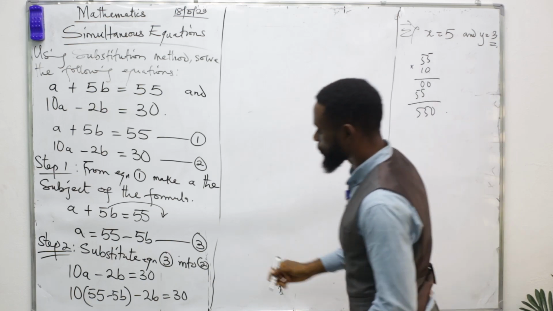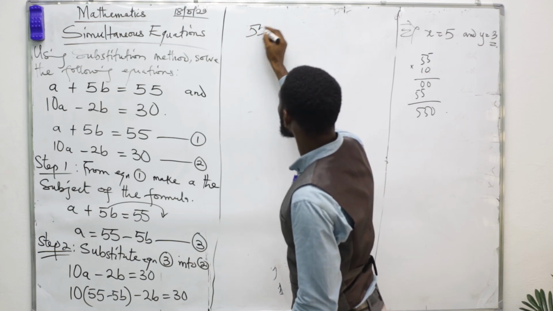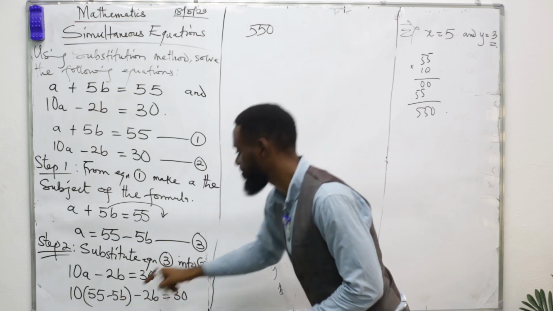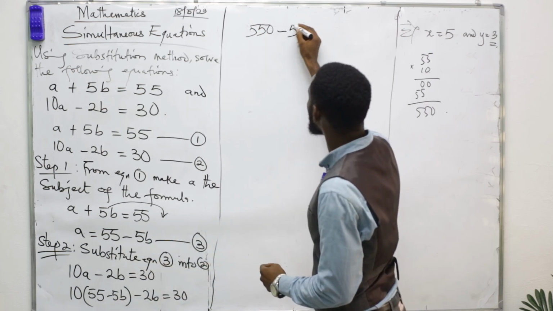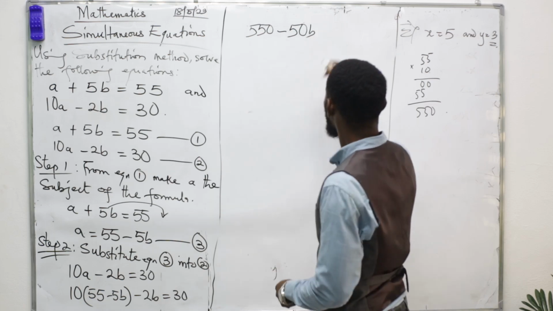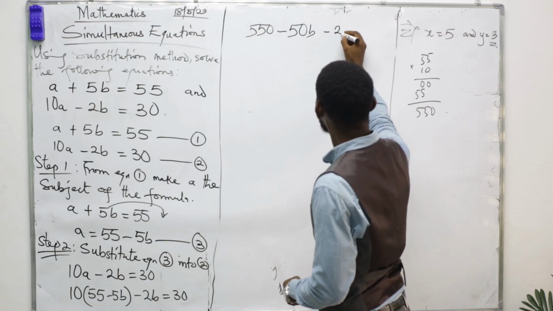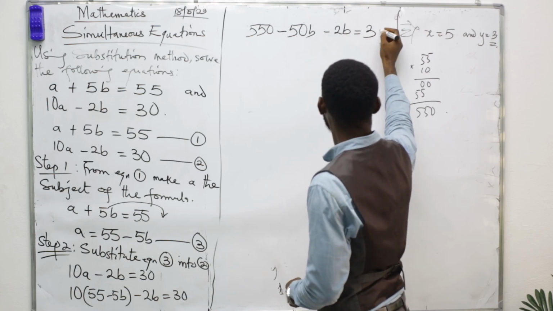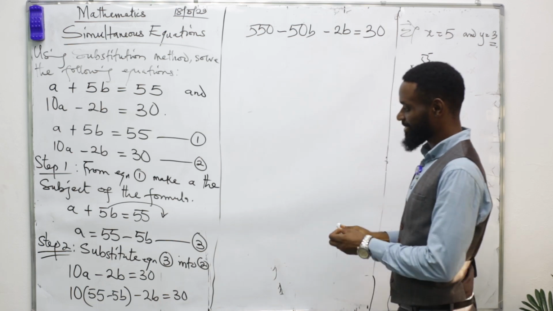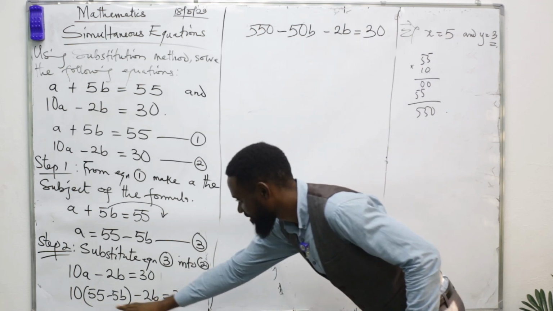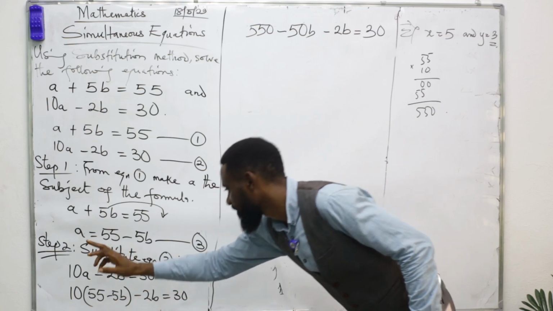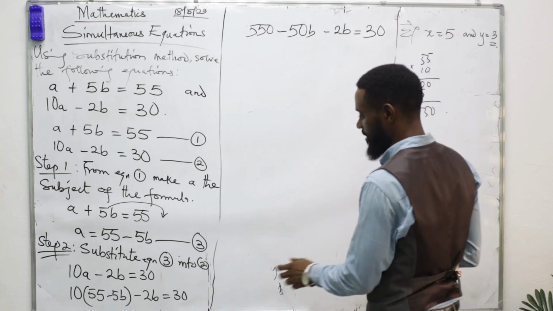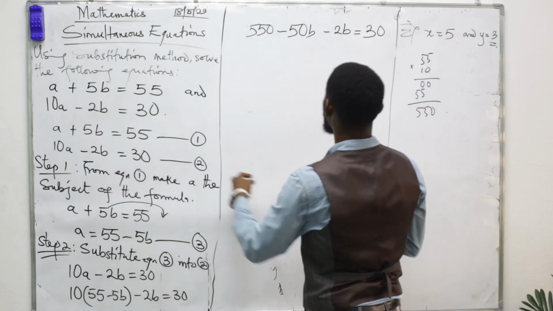Then 10 times minus 5b will give us minus 50b, then minus 2b is equal to 30. So that is how we do this: 10 times 55 is 550, 10 times 5b is 50b, that's minus 50b, then this minus 2b, which you already have there, is equal to 30.